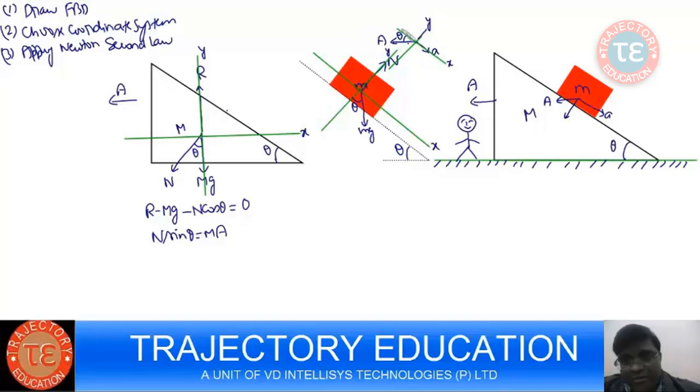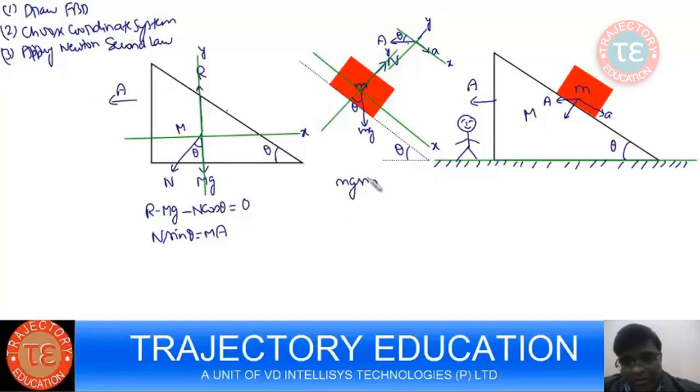The block has got two accelerations for this observer. The block is moving along with the wedge because it is on the wedge, so it is going to inherit all the motion of the wedge. It is going to move with respect to the wedge also with an acceleration small a. So net acceleration in x direction is going to be small a minus capital A cos theta.